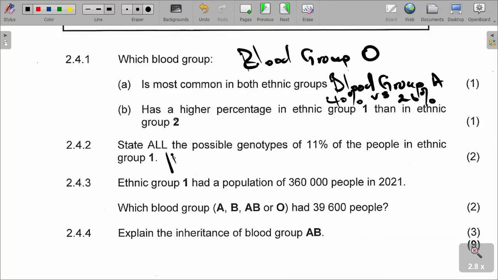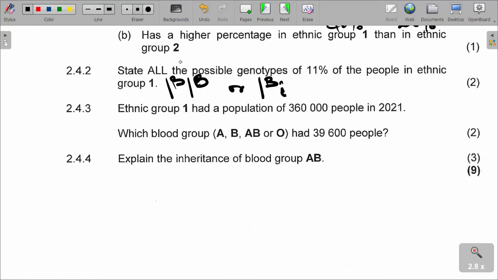When you talk about blood group B, it can be B dominant, or we can have B recessive like this. It's a matter of understanding the representation of blood B, which is asked in this regard.